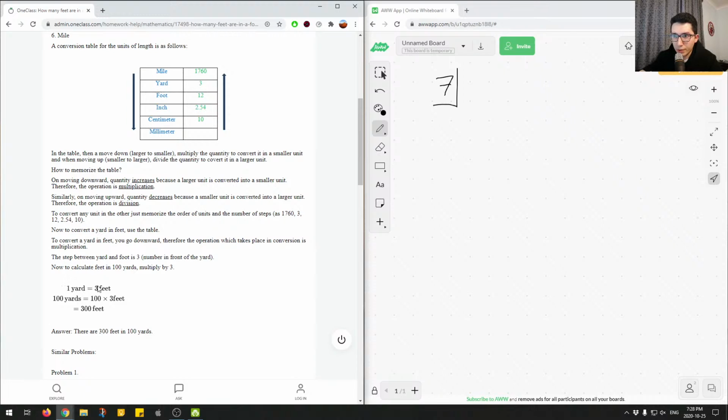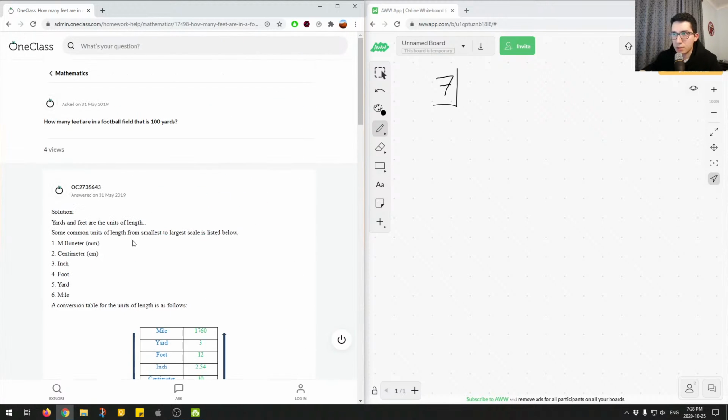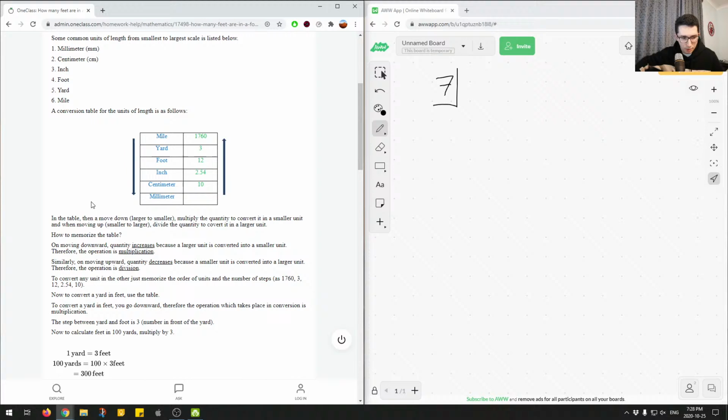So essentially, right here, 1 yard is 3 feet. 100 yards, so 100 times 3 feet is 300 feet. So they use a conversion factor to answer this question. Essentially, how to go about answering this question, you do the following. We know that the conversion factor is 3 feet per 1 yard.